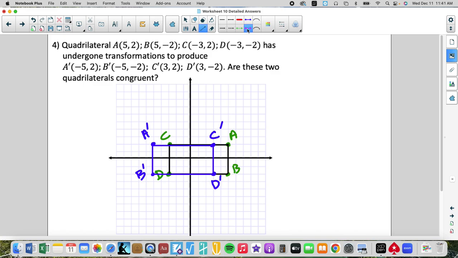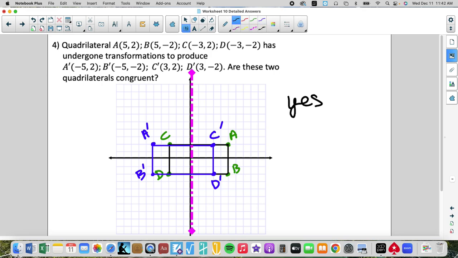Is it along the x-axis? Or the y-axis. We just reflected it over the y-axis because this 3 becomes this 3. So are they congruent? Yes, they are congruent.